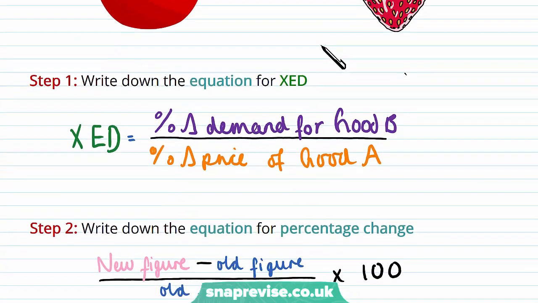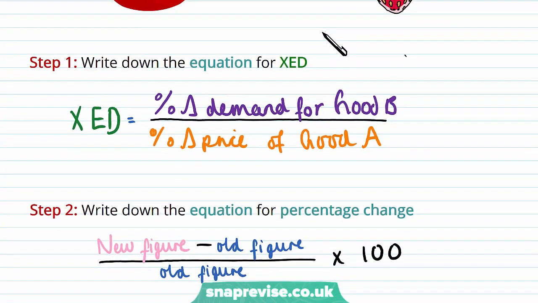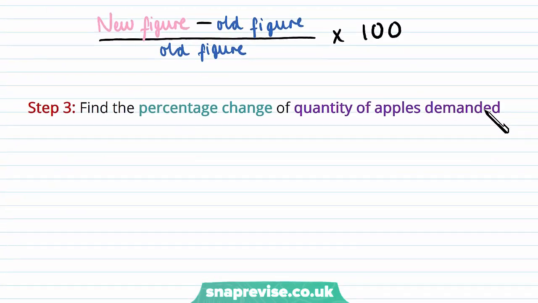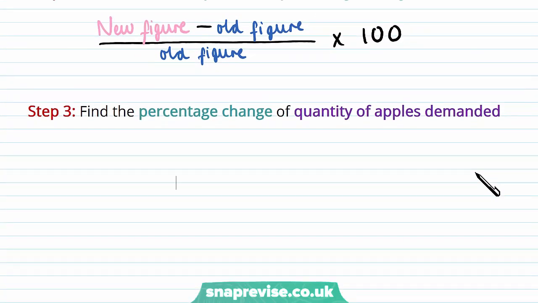Now we write down our equation for percentage change, which should be quite familiar now. New figure minus the old figure, all divided by the old figure, all multiplied by 100. Okay, so now let's do the percentage change of quantity of apples demanded.